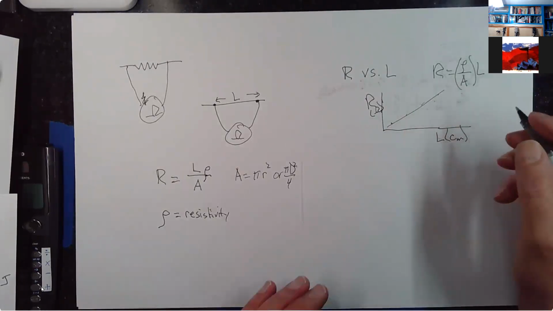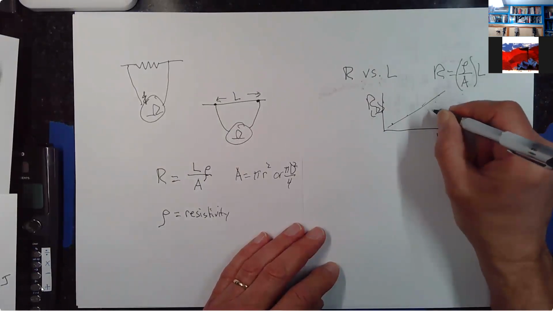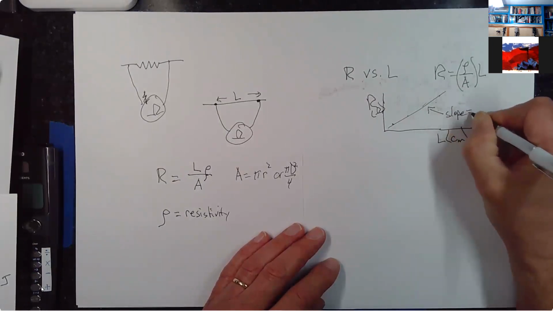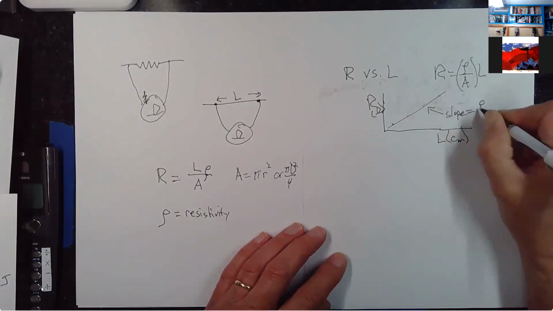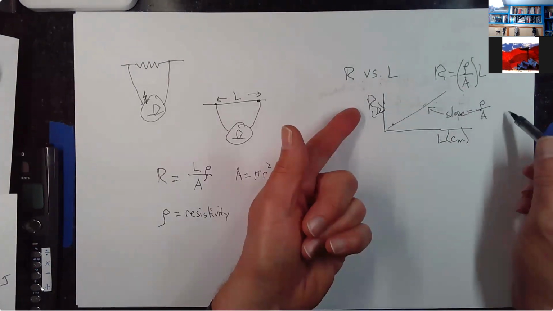You'll be doing this for 2 different sets of data, but that's okay. Anyway, the slope will equal the resistivity divided by the cross-sectional area. So the slope by itself is not the resistivity. But that's one of the pairs of graphs that you'll make.